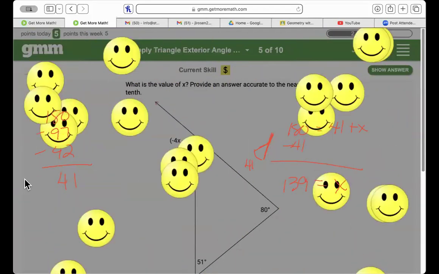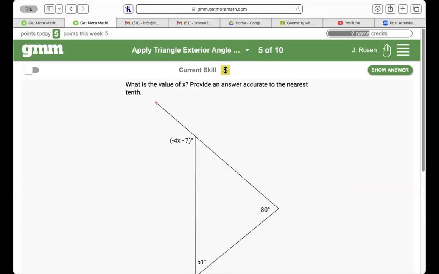Okay, and let's look at this one. So again, it wants what x equals, and x is an exterior angle, so we have to find this one first. So we're just going to do 180 minus 80 minus 51. And that gets us 49.